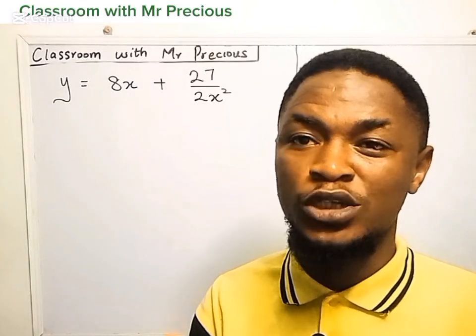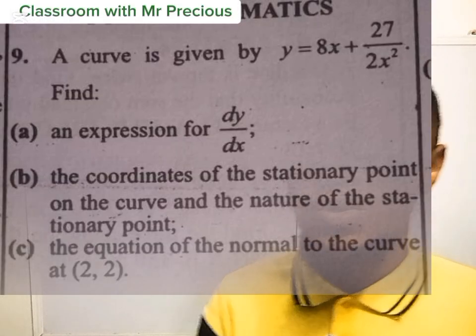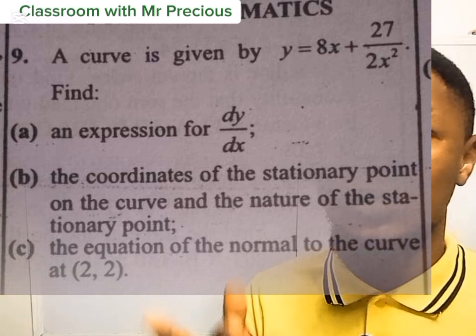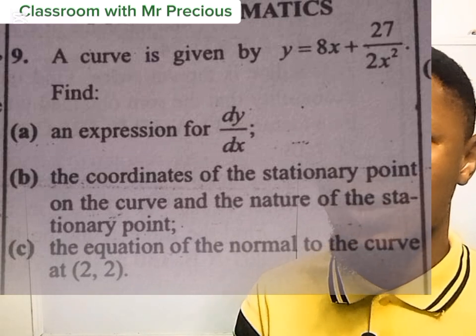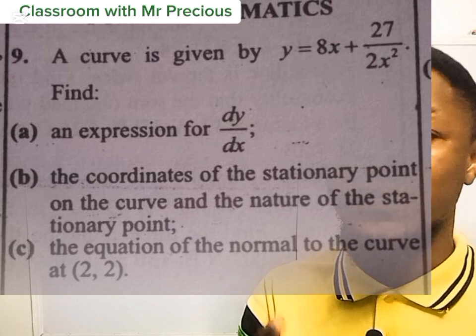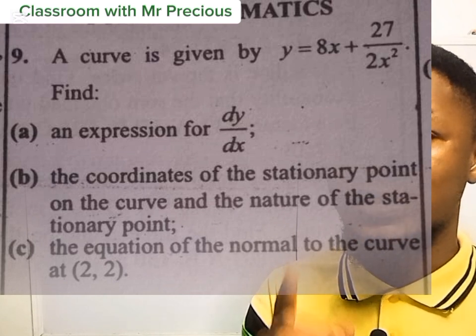Someone gave me this question to solve, and in this question we have an equation of a curve right here, and we are meant to find, the first question is for us to find the first derivative, which is dy over dx.